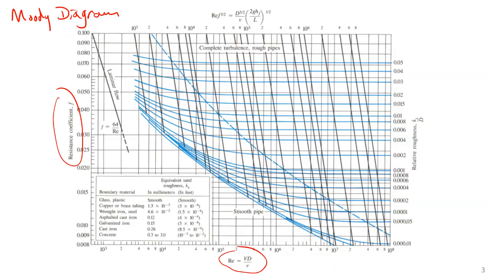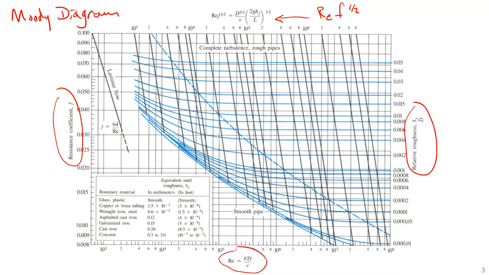And then the blue contours are what we call the relative roughness, the absolute roughness size, k sub s, divided by the pipe diameter. And on the top, there are diagonal black lines, and we'll be talking about those today. They are contours of constant values of Re times f to the 1/2.